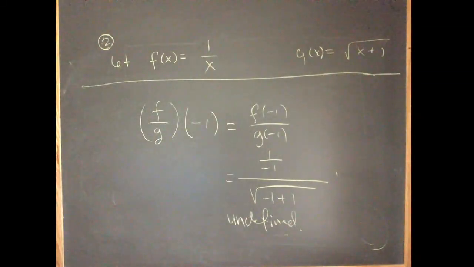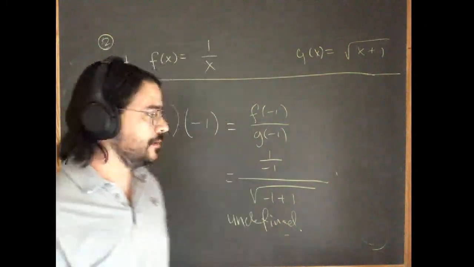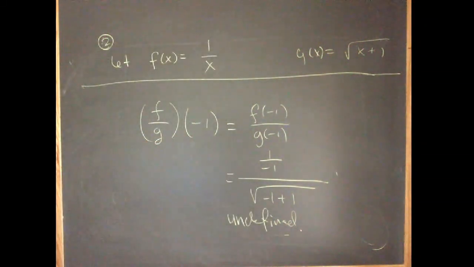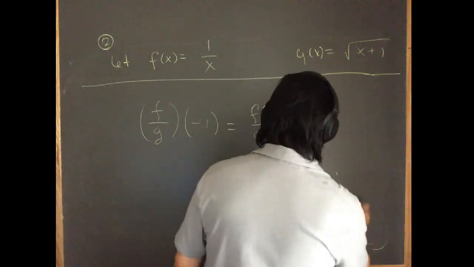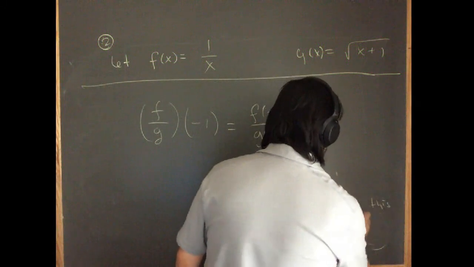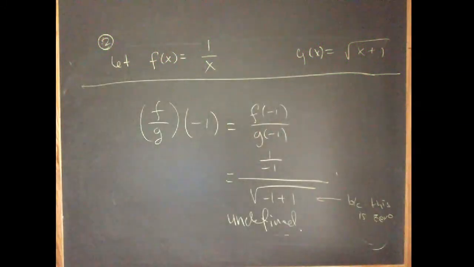Another way to understand that is that -1 is not in the domain of f divided by g, okay? And we could have come up with a formula for f divided by g at x and then figured that out, but here, can't divide by 0. Again, that's because that denominator is 0, okay?